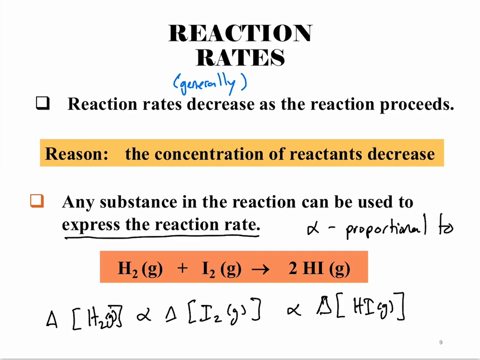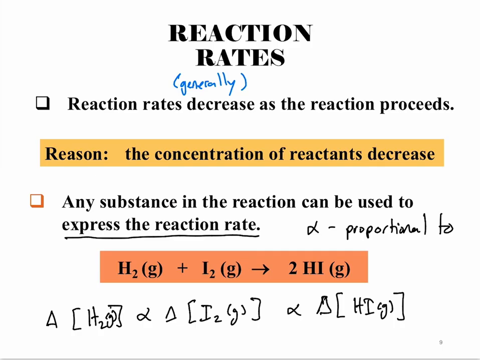Right, if we think about for every 1 molecule of H2 we lose, how many molecules of I2 do we lose? 1, right? Because one of these reacts with one of these to create how many of our hydrogen iodides? 2, right? So this proportionality is going to be related to the stoichiometric coefficient there.